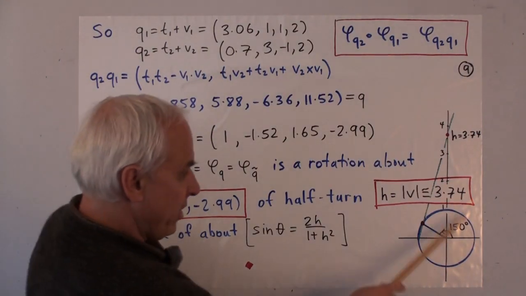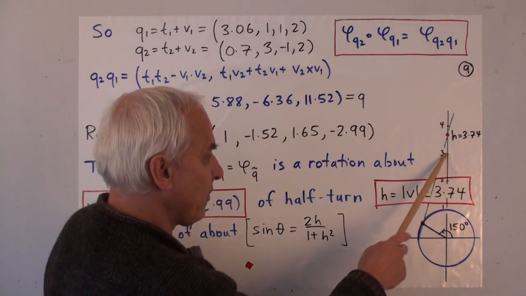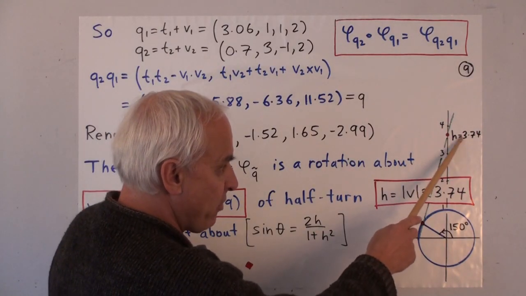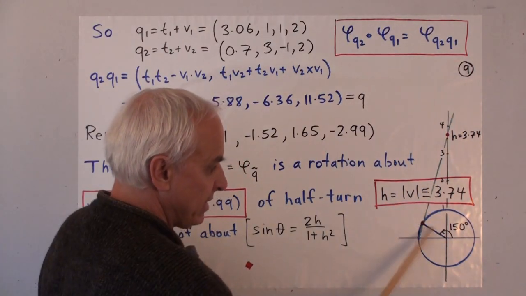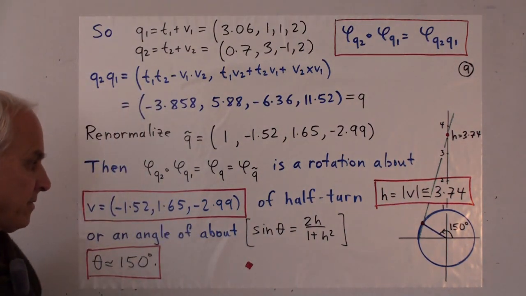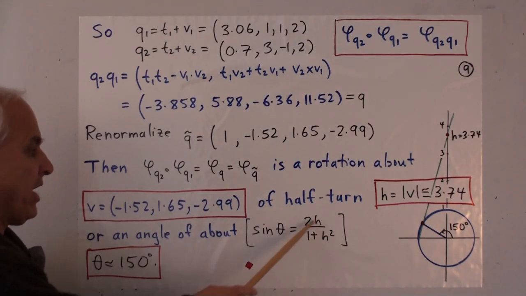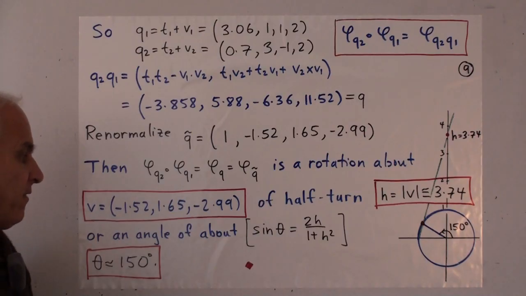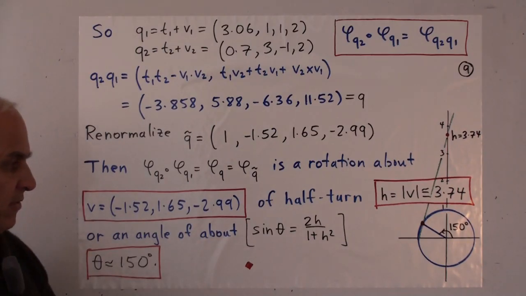So here's the picture. Okay, unit circle, 1, 2, 3, 4. So h is 3.74 up there somewhere. Take that line there, you see where it meets. It turns out to be somewhere close to 150 degrees. And you could compute an angle if you wanted to. Once you know h, you can compute the angle theta if you feel like it. You don't need to. Convert it, say, to something close to 150 degrees.